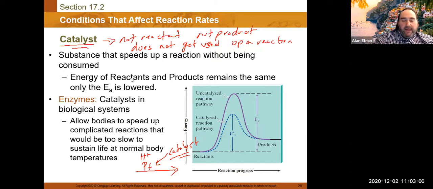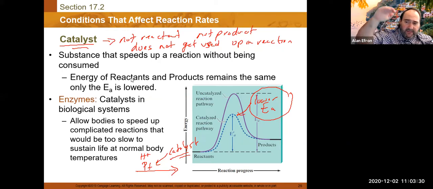So ultimately, what a catalyst actually does and how it's able to sort of speed up a chemical reaction is by finding that alternative pathway, it actually is able to lower the activation energy. So that's ultimately how a catalyst actually does speed up the reaction: it finds that alternative pathway.